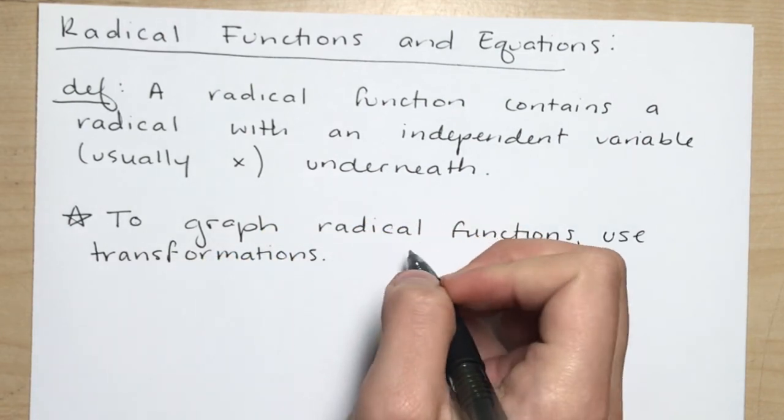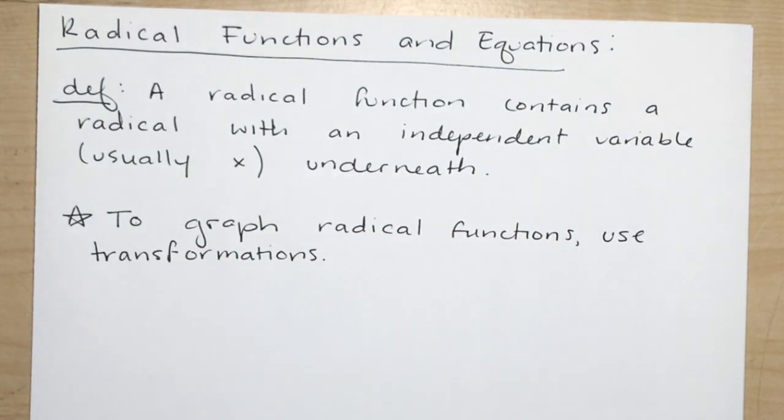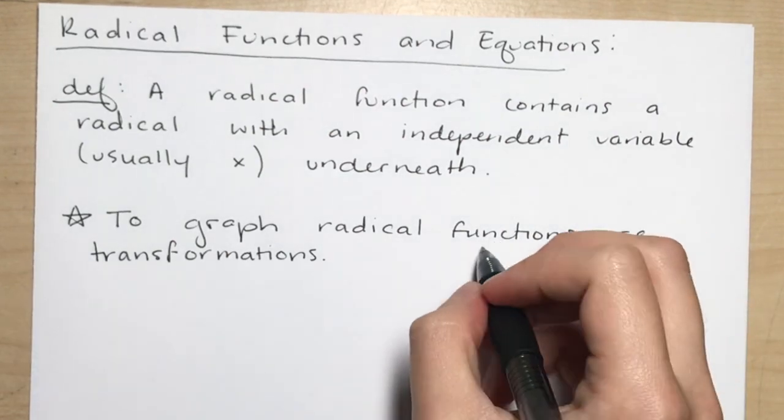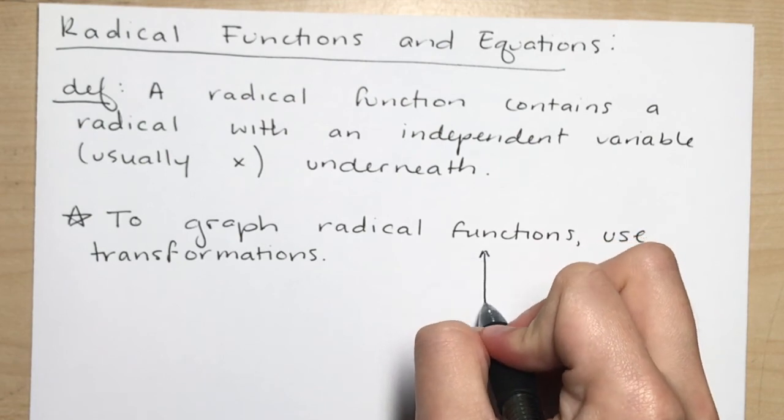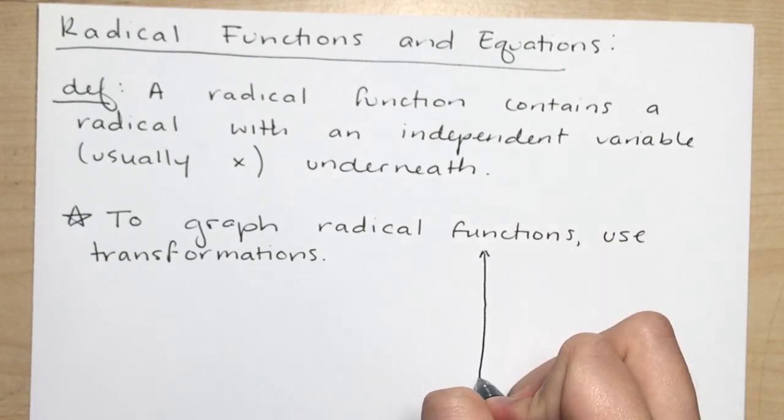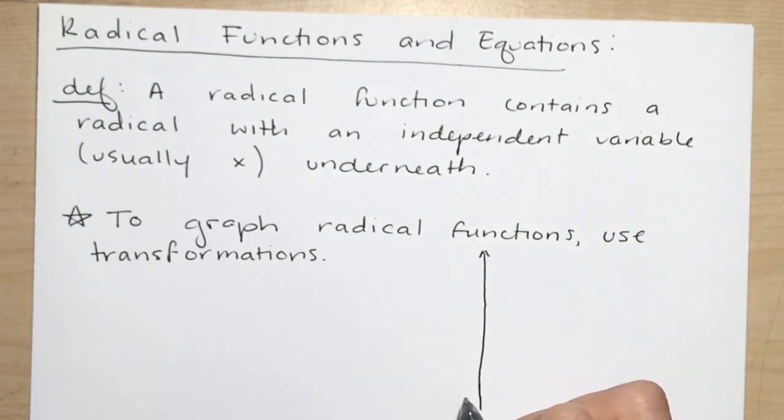If you're feeling sort of shaky with transformations, feel free to go back and look in your notes from, I believe, Module 1. So it's been a while. Using transformations, I believe you guys will only be asked to graph square root functions.